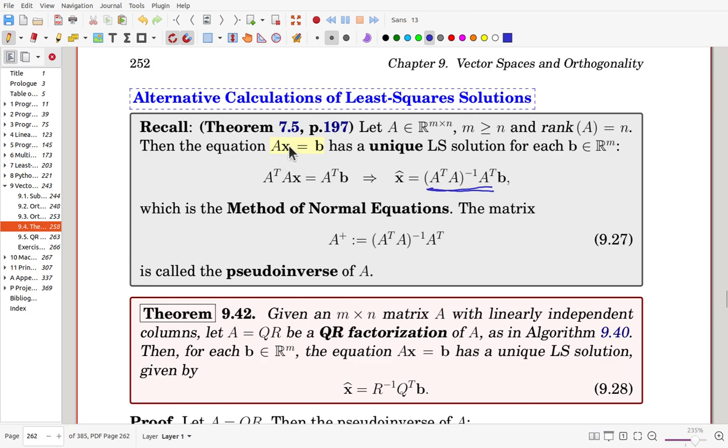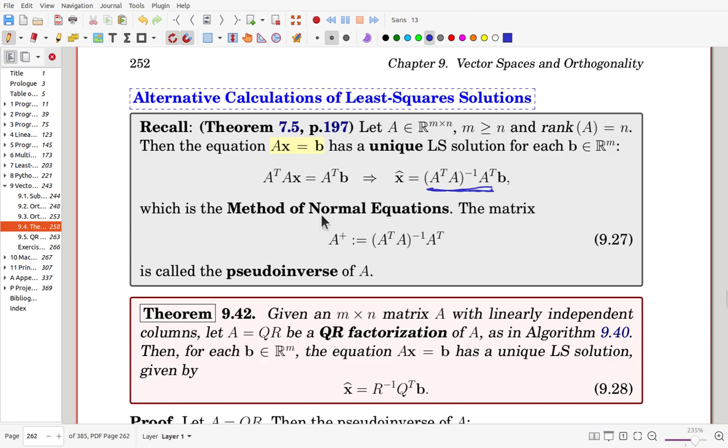From here, x is now given by this. We don't have A inverse once m is larger than n, but this portion plays the role of an inverse. So we call it the pseudo inverse of A, with the notation A plus. We did this one earlier.